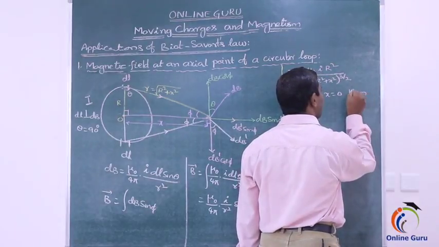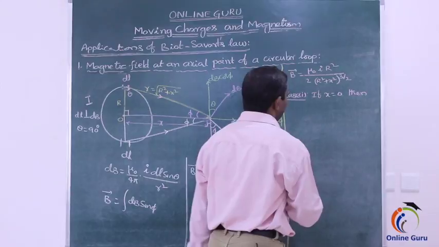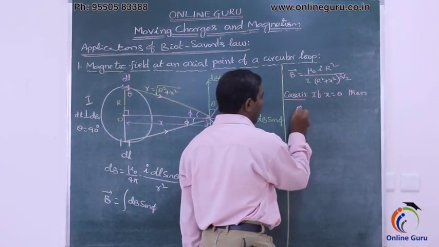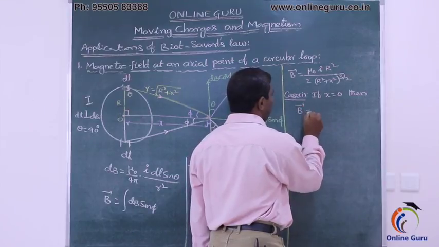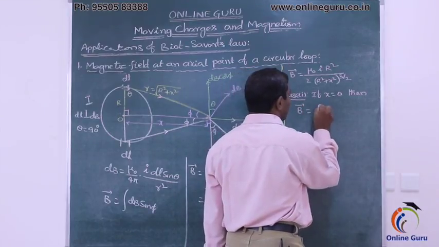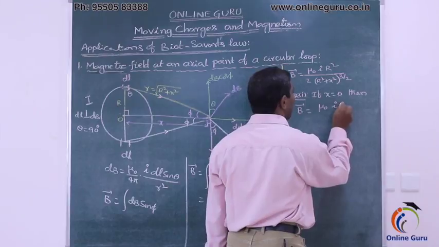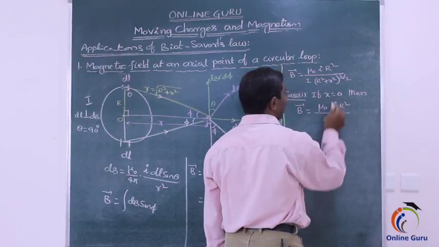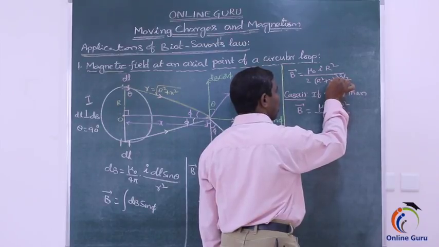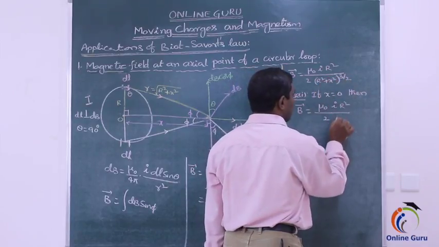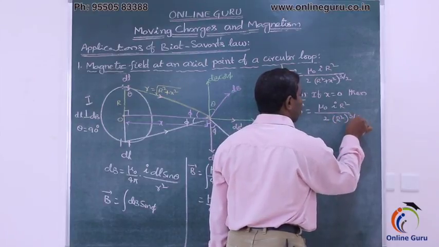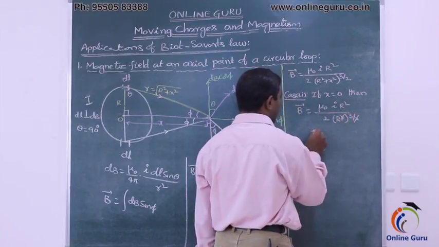If x is equal to 0, then we substitute x as 0. Then the magnetic induction B is equal to mu naught I R square divided by 2 into this term becomes 0, R square whole power 3 by 2. The 2 ones, 2 twos get cancelled.